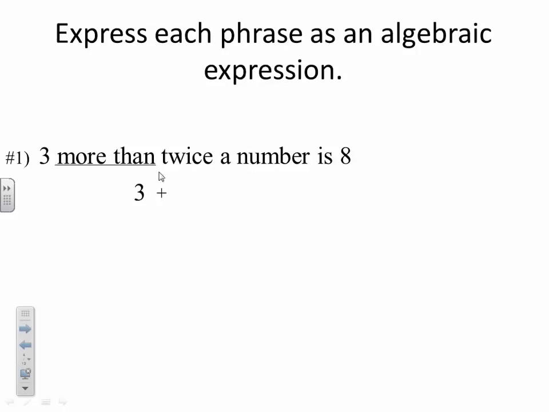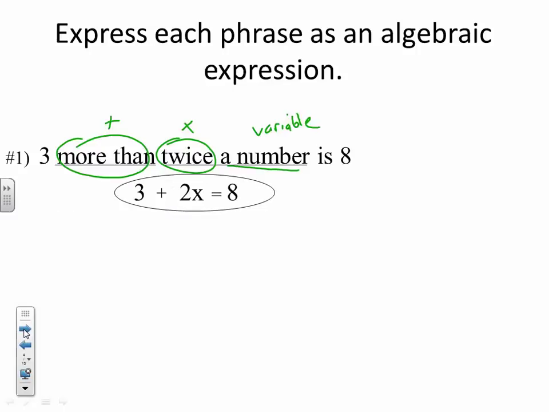And if we're going to do twice a number, we're going to multiply by 2. So more than is plus, twice is multiply, and a number tells you it's a variable. Does twice mean multiply? Could you put twice in the multiplication box? Yes, you can. Is, we said, is an equal sign, making that one complete.